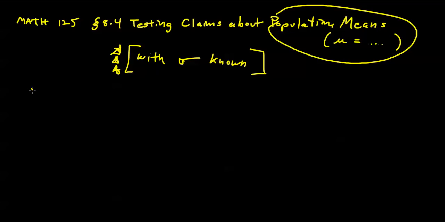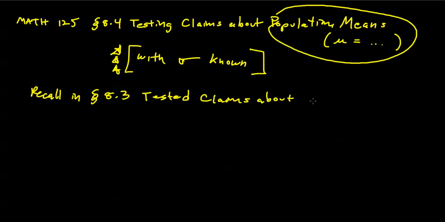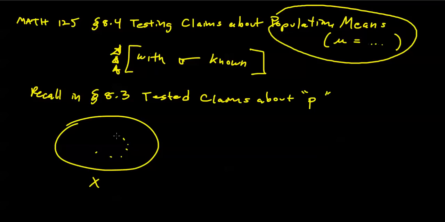Alright, let's take a look back. You may recall in our last online class in section 8.3 we tested claims about a population proportion, little p, right? And to do that, we've got a big population here, possibly millions of elements. The population proportion with some desired characteristic typically is never known for sure.